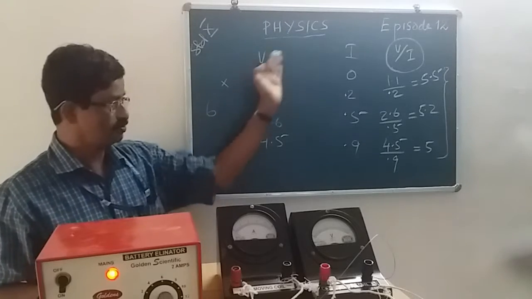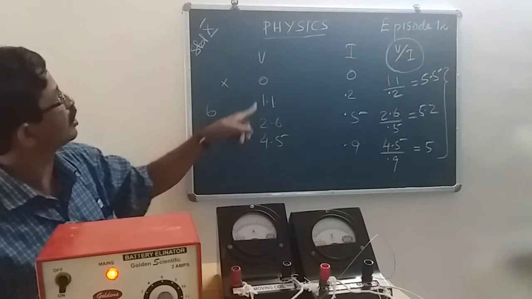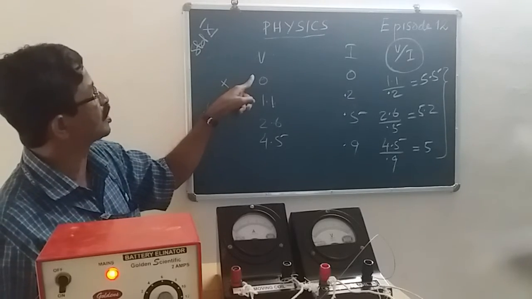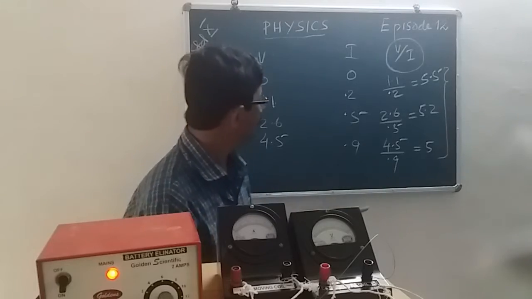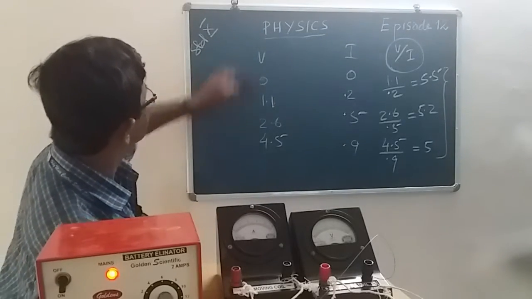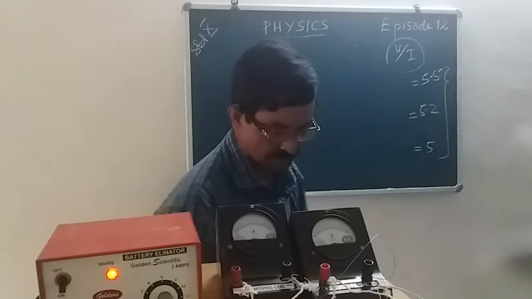Okay. Now, from this observation, what have we got? We got potential difference, current, and their ratio also. Now we are going to find what this ratio means.